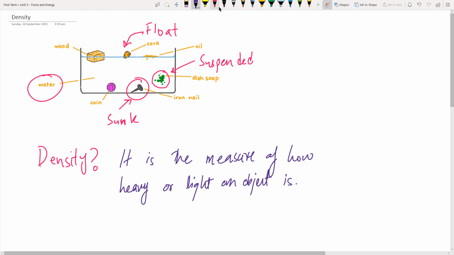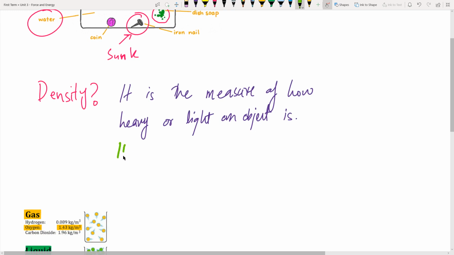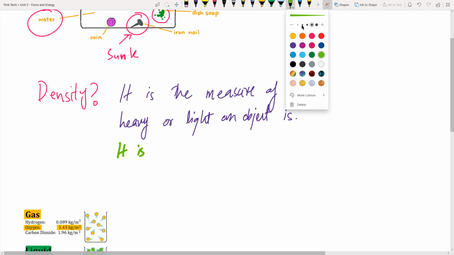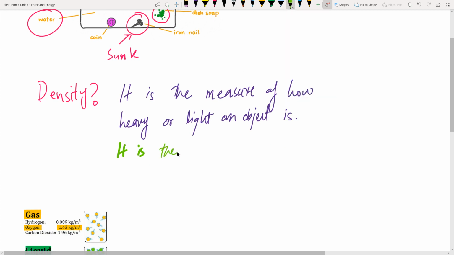I'm going to express density in a different manner, I'm going to write a different definition. It is the packing factor, or the packing of particles of an object.